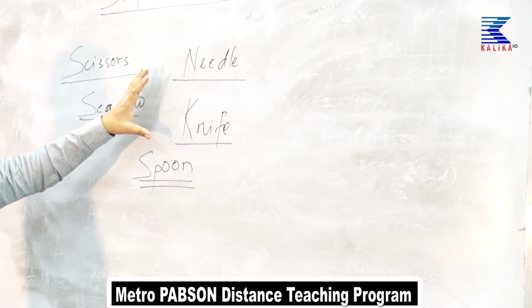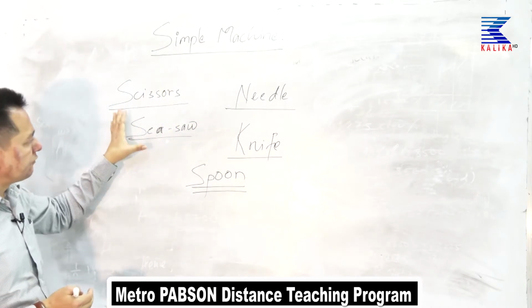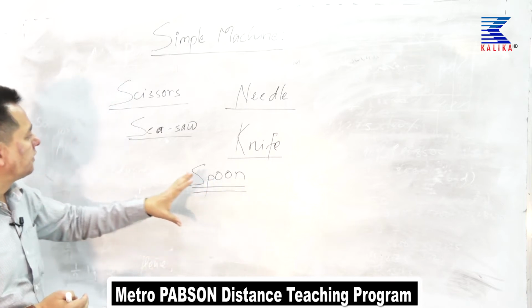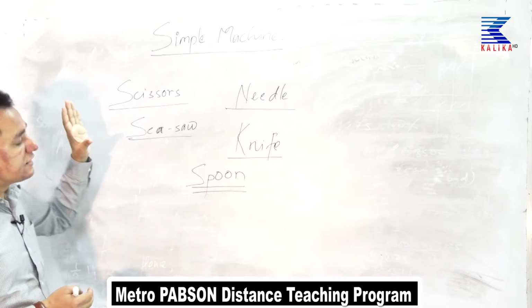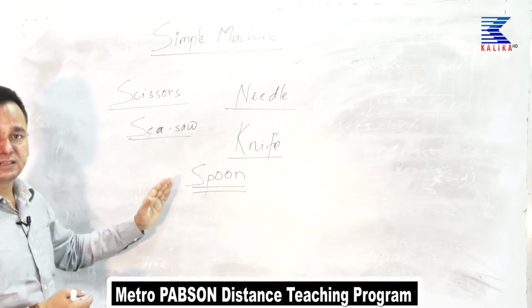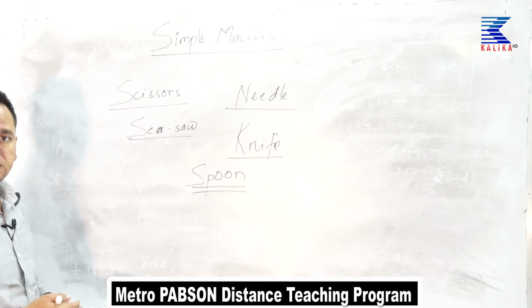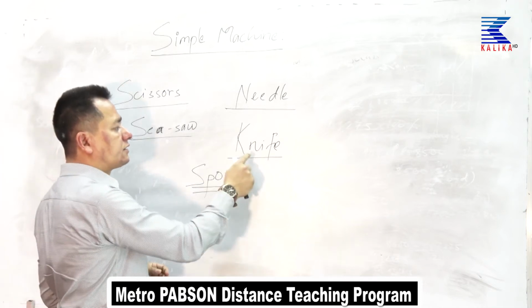Now, why do we call these simple machines? They are very simple in structure, very easy to use, and very safe to use. They make our work easier, safer, and they speed up our work. For example, just look at this device, knife.